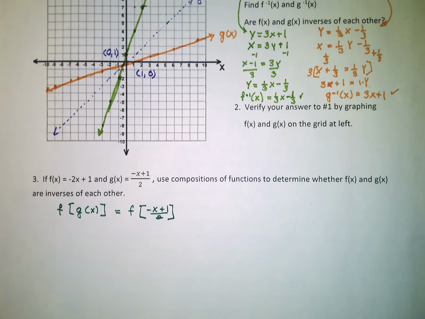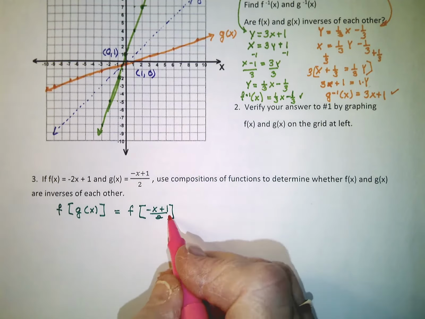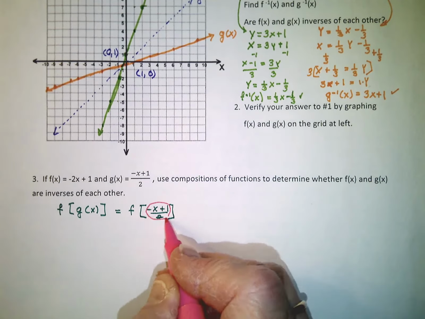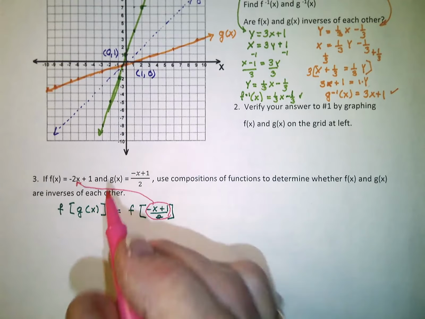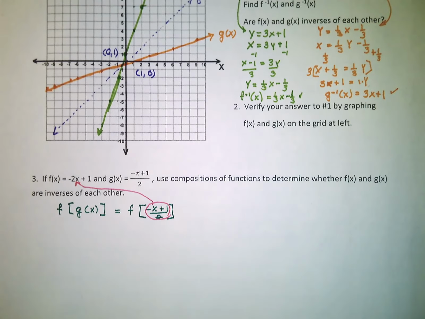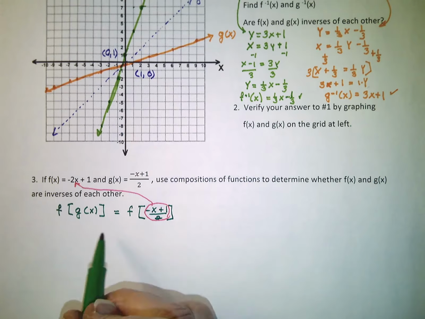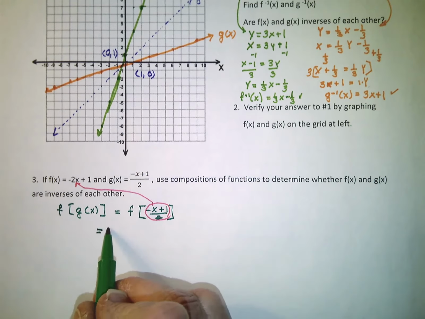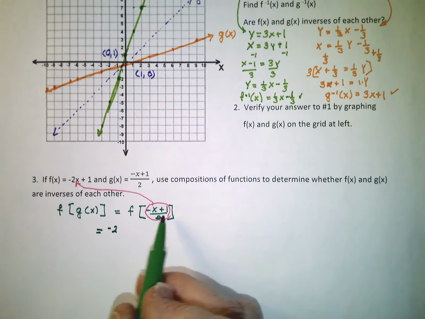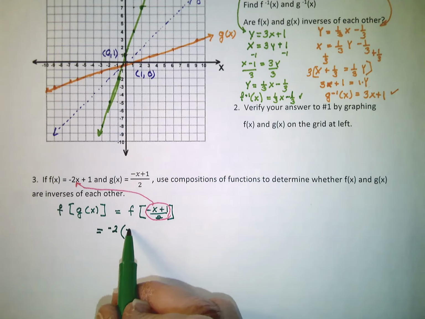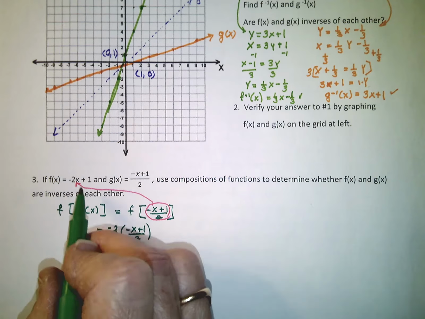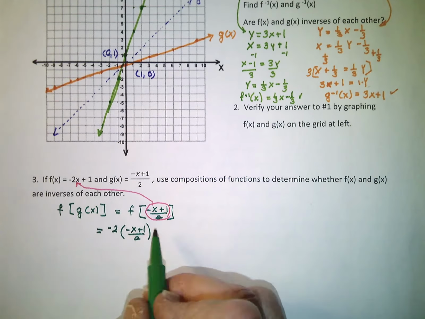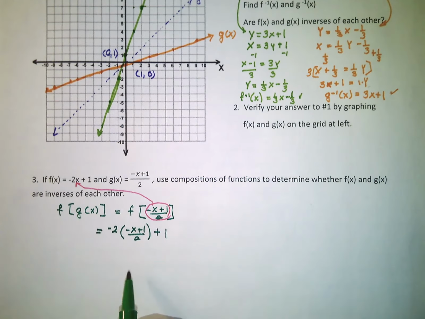So all of this is going to be placed in the f function for x. So we have -2 times this whole thing here. And that just takes care of the -2x. We still have +1.